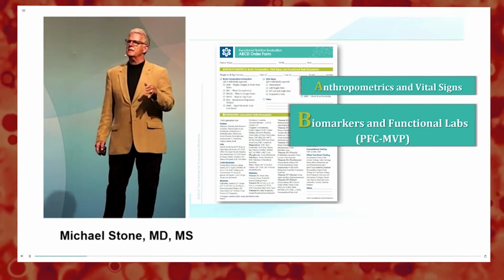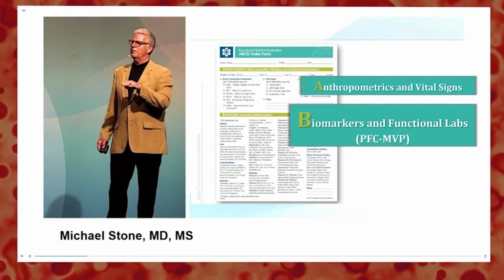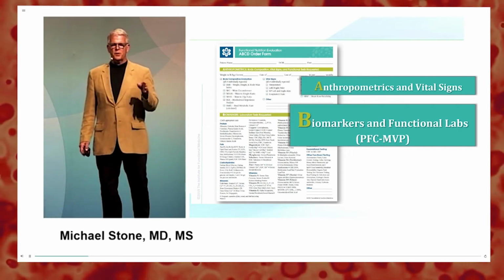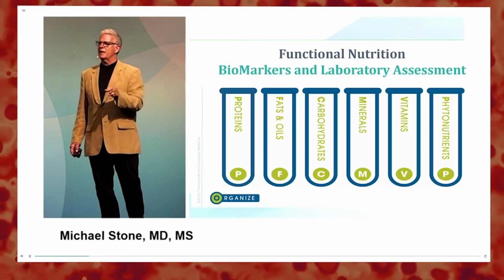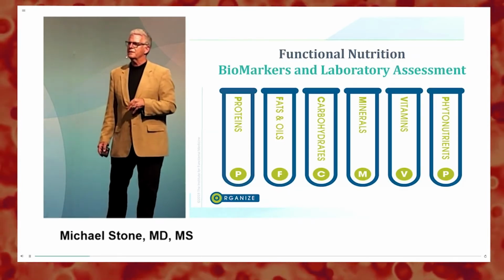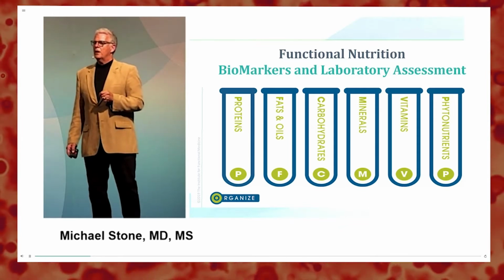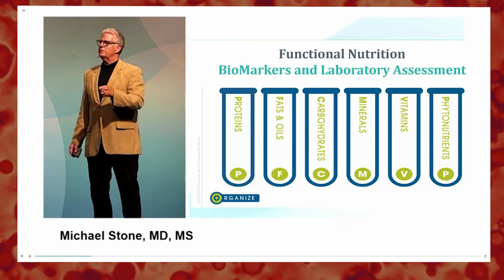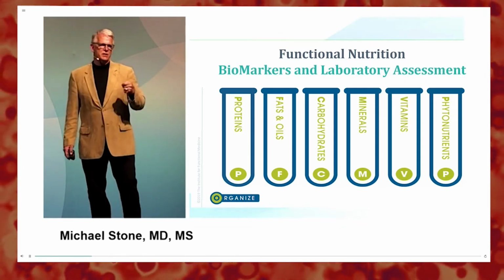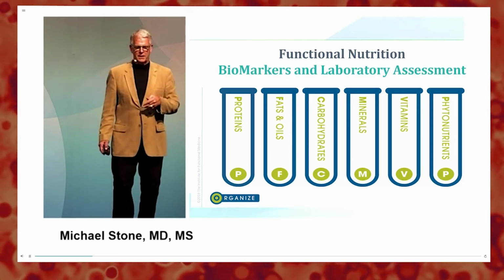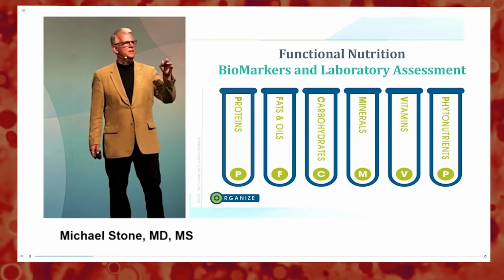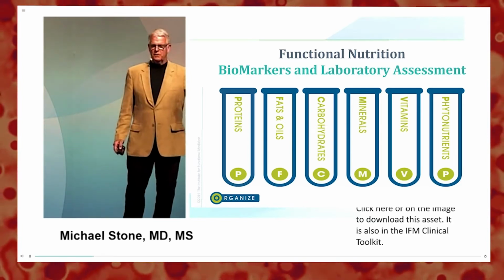The B is for biomarkers. And we organize the prompting tool and biomarkers by proteins, fats, carbohydrates, minerals, vitamins, and phytonutrients. The biomarker list helps prompt you if you want to evaluate the nutritional status of each of these things. We organize them into 3 different tiers. Tier 1 is clinically useful, cost-effective.